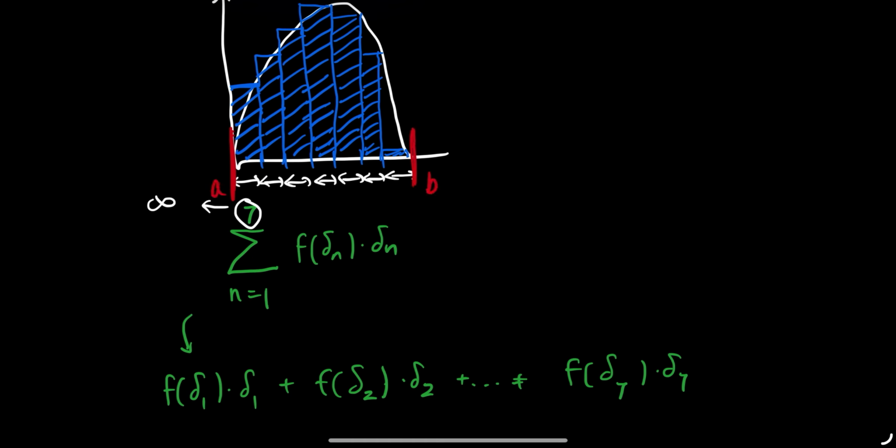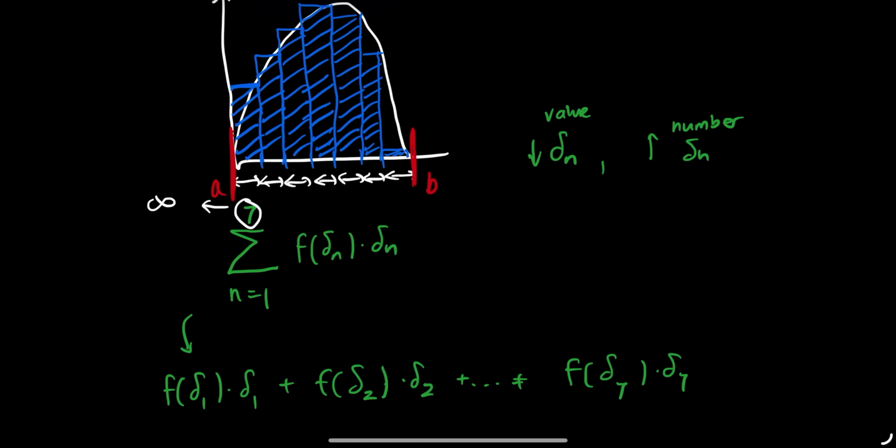Between these bounds a and b, we decrease the value of delta n and we increase the number of delta n's. So what we're doing basically is bringing the number of rectangles to infinity.